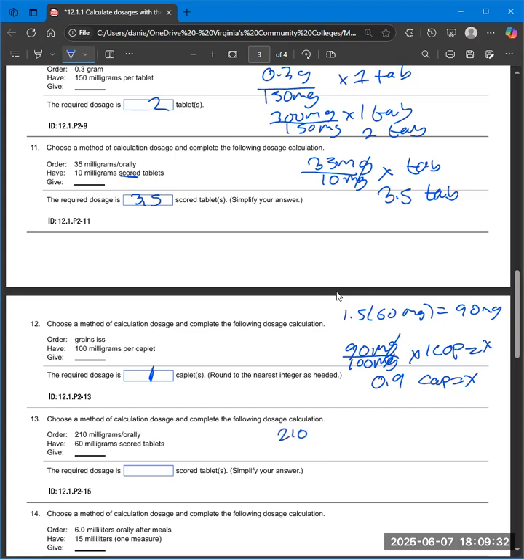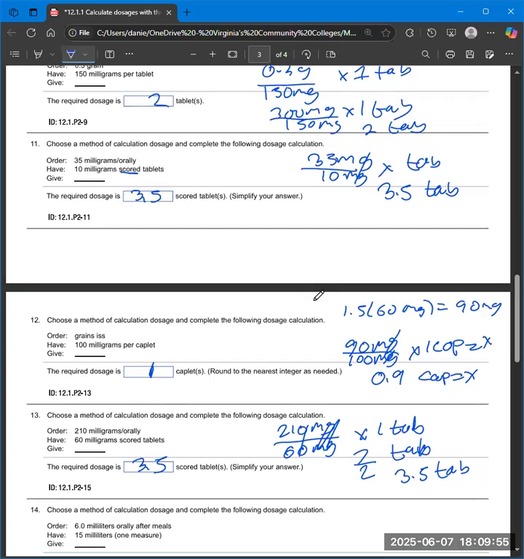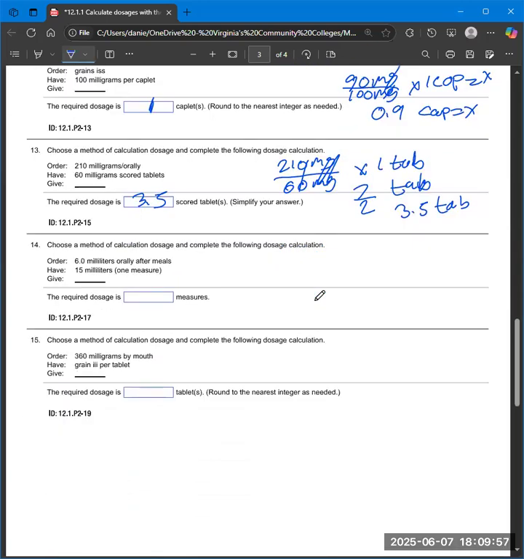210 milligrams. You have 60 milligram scored tablets. 7 halves. So that's 3.5. Again, a little bit more than what we usually want to give the patient. We usually don't want to give them more than 3 pills to swallow at a time.